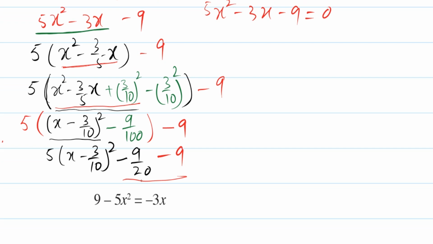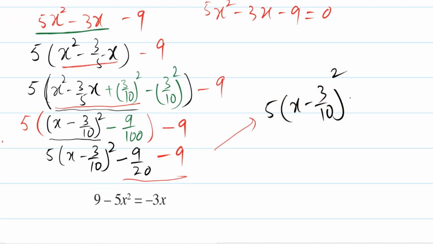Same way I did the previous one by taking their LCM, or simply we can say that will be 189. So this finally will become 5 times x minus 3 over 10 whole square and minus 189 over 20.